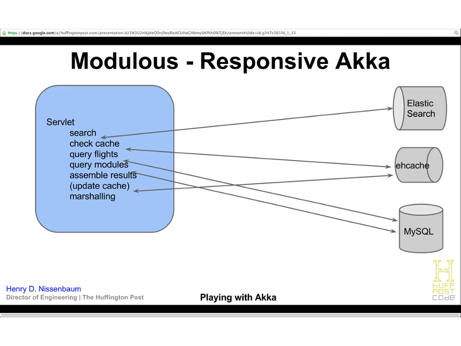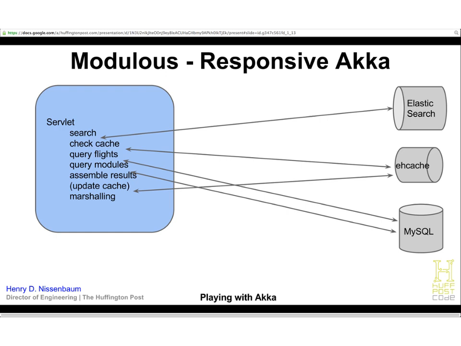Now, if someone had asked me to build something like this a couple of years ago, I might have done something along these lines. I've got the data in an Elasticsearch and in a MySQL database. I need Elasticsearch to find what I'm looking for quickly, and then MySQL to get the full set of data out of it. I might cache some of the data so that I'm not always hitting the database.